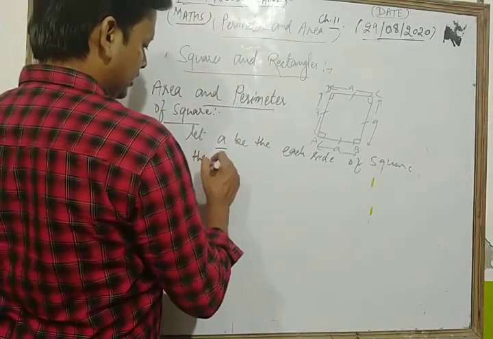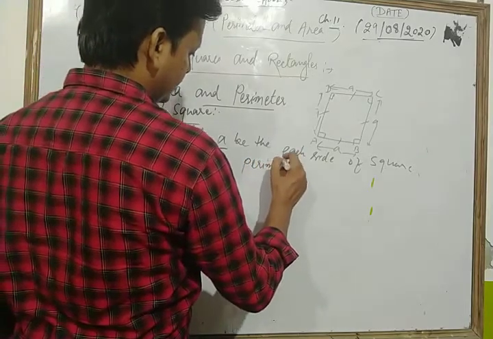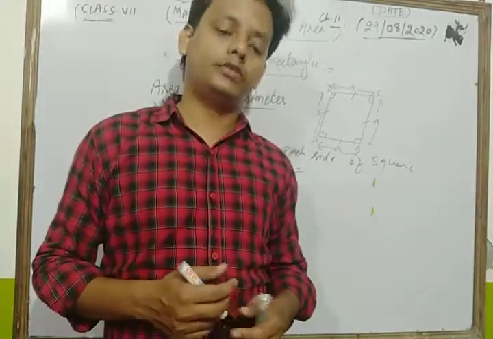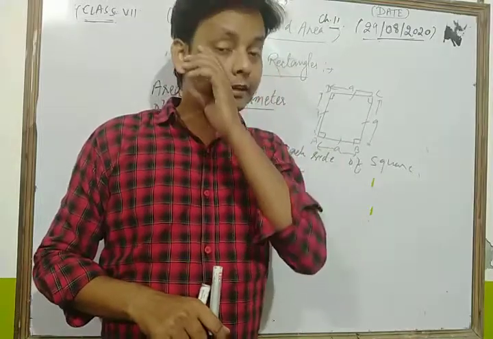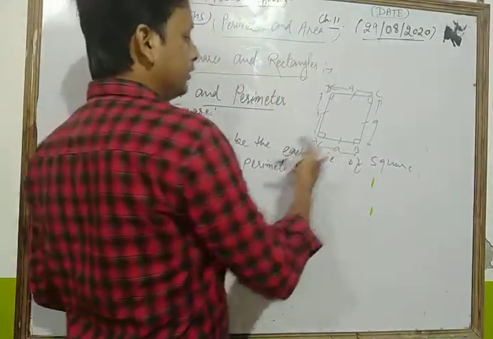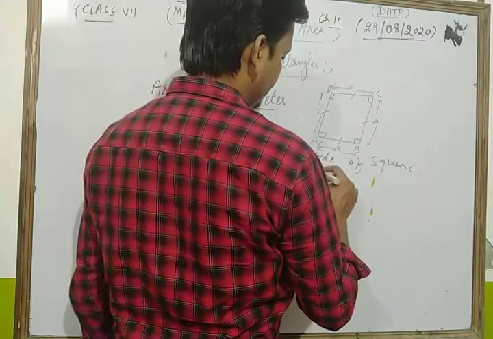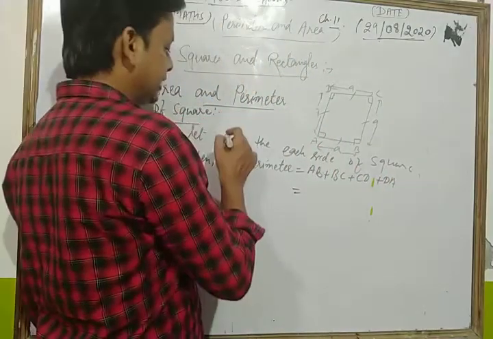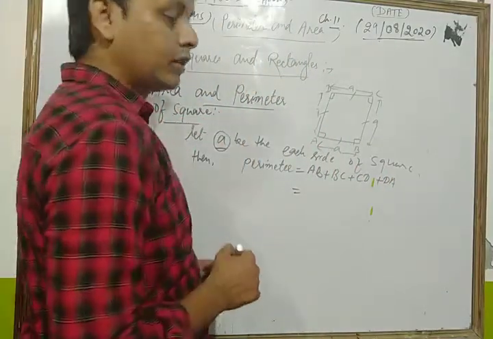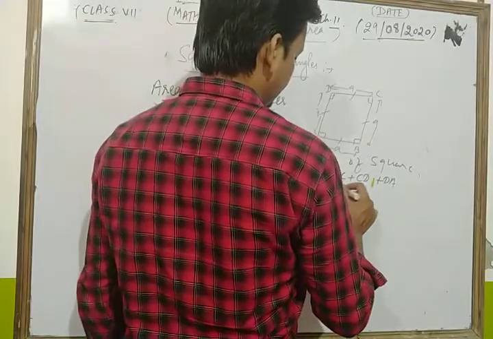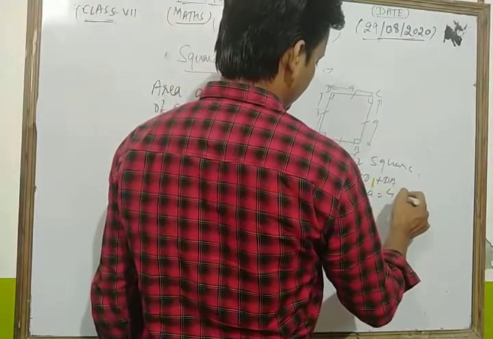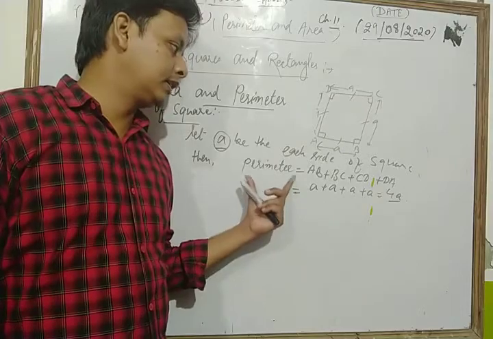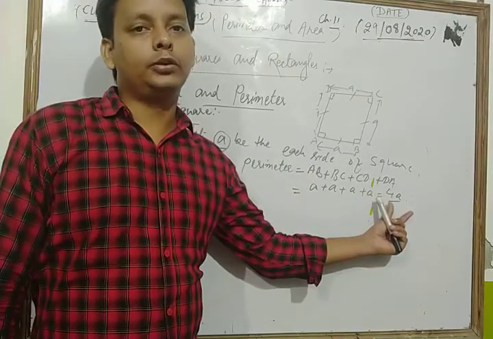Then its perimeter is what? Dear students, I just discussed that the perimeter of any geometrical figure is the length of all its boundary. Here the perimeter is the sum of all its sides, meaning AB plus BC plus CD plus DA. Here each side of the square is A, so we write A plus A plus A plus A is equal to 4A. So dear students, the perimeter of the square is equal to 4A, meaning 4 into side.